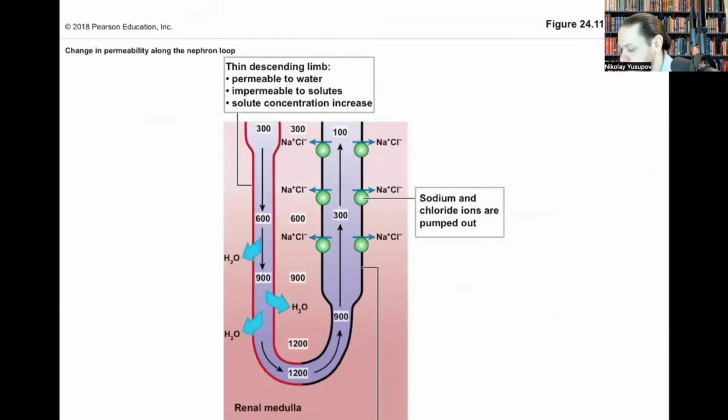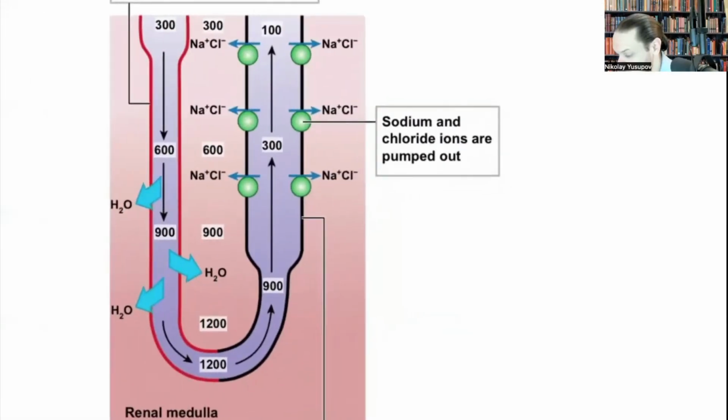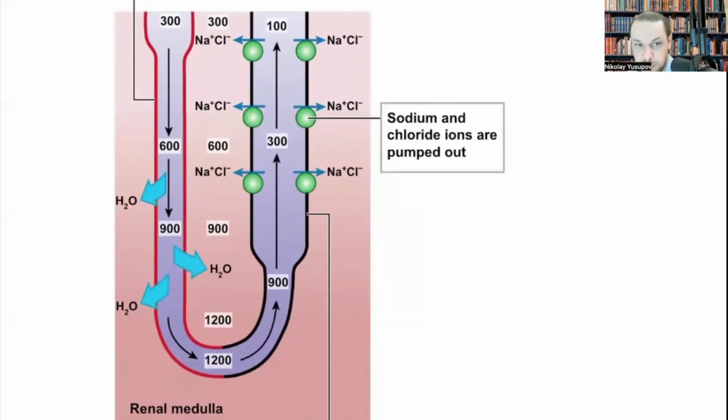And so this is what I was basically explaining to you. Here we see the osmolarity of the plasma that's coming inside, and here we see the osmolarity as it's traveling down into the nephron. Here it allows both water and solutes to be exchanged. But as it makes its way through the turn and is going up the ascending loop of Henle, all of a sudden it becomes water impermeable.